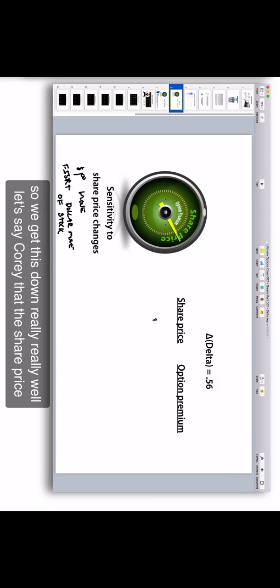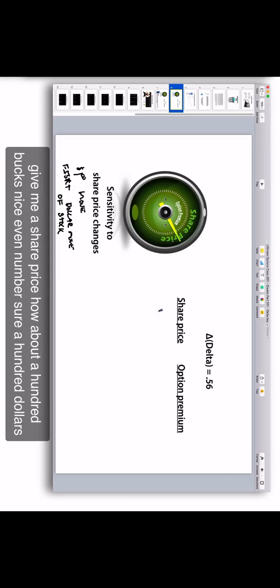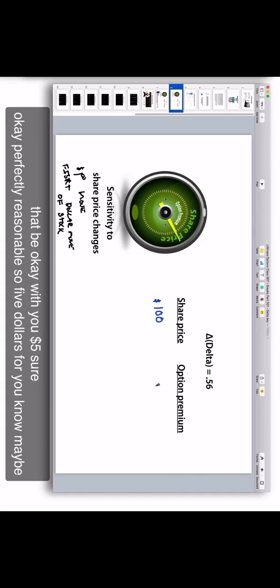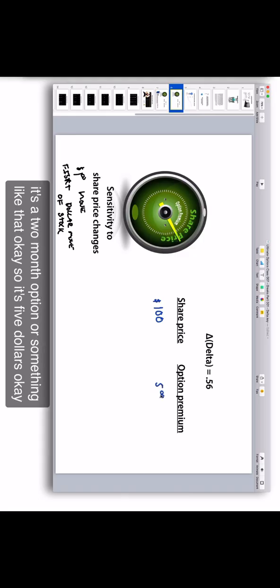Let's say, Corey, that the share price, give me a share price, about $100. Nice even number. $100 right here. And let's say the option premium is maybe, I don't know, like $5. Would that be okay with you? $5? Sure. Okay, so perfectly reasonable for, maybe it's a 2-month option or something like that.